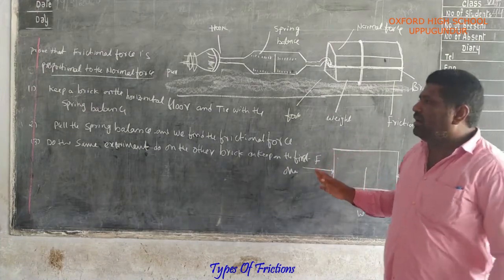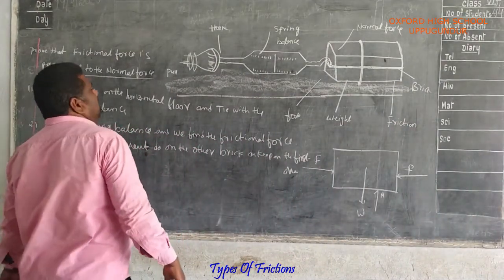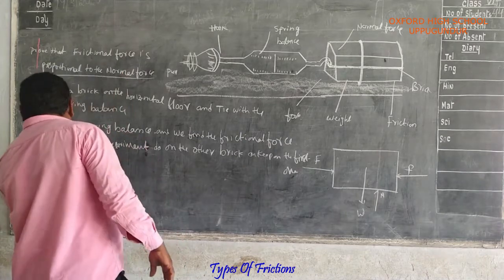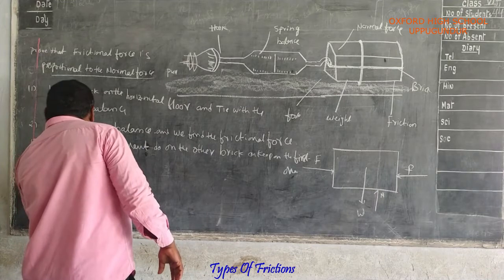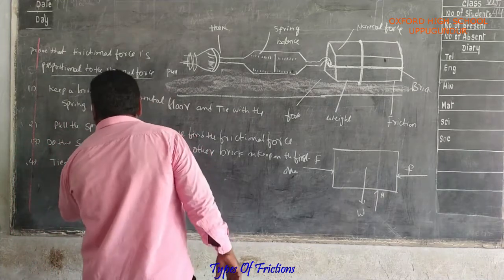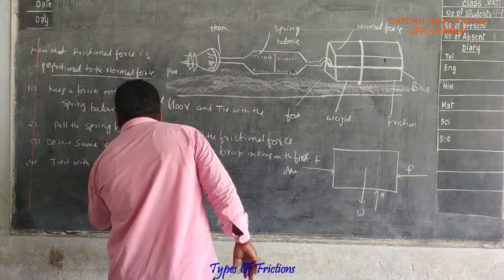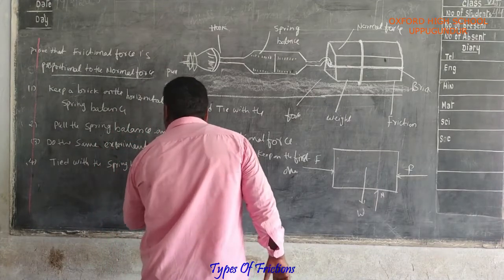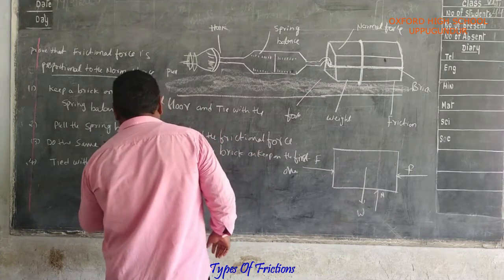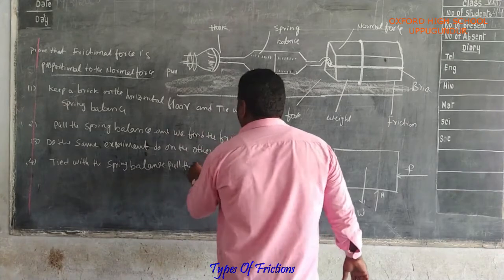Now fourth point: tied with the spring balance, pull the hook.